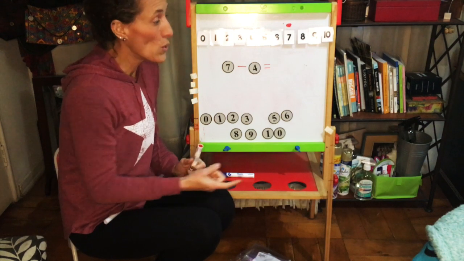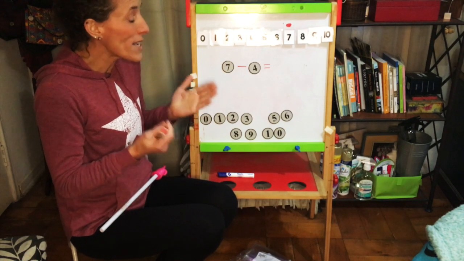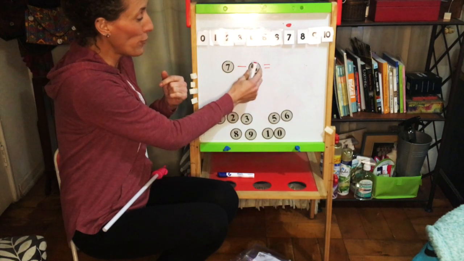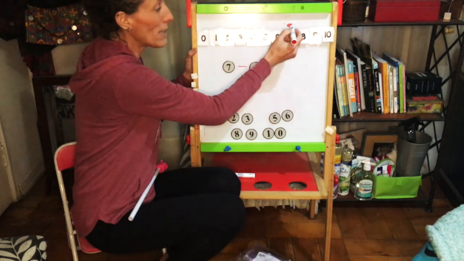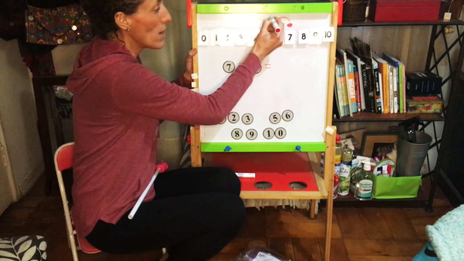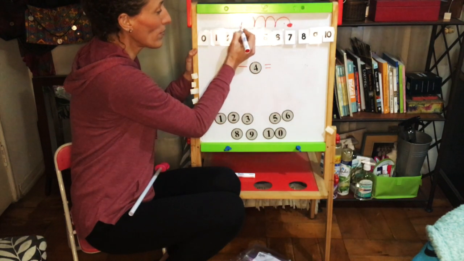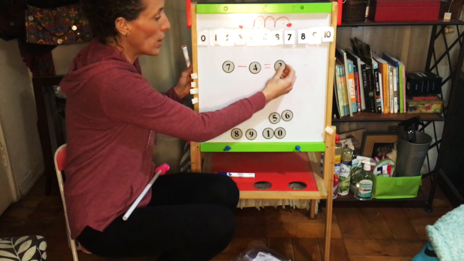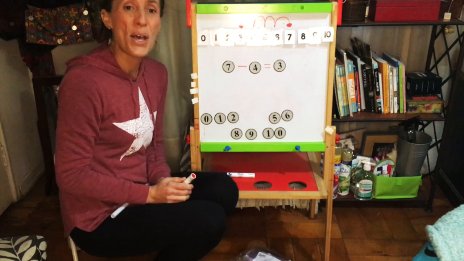And remember, we count back one less each time. So what number is going to tell me how many times I'm going to count back? Number 4. So we're going to count back 4 times. Let's go. 1, 2, 3, 4. And to which number did we get? 3. So 7 minus 4 equals 3.